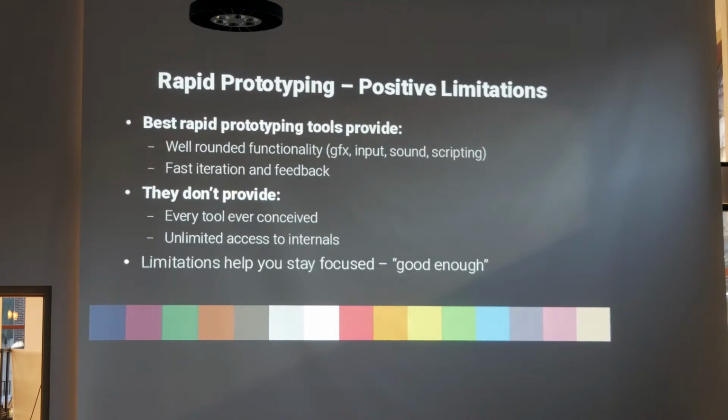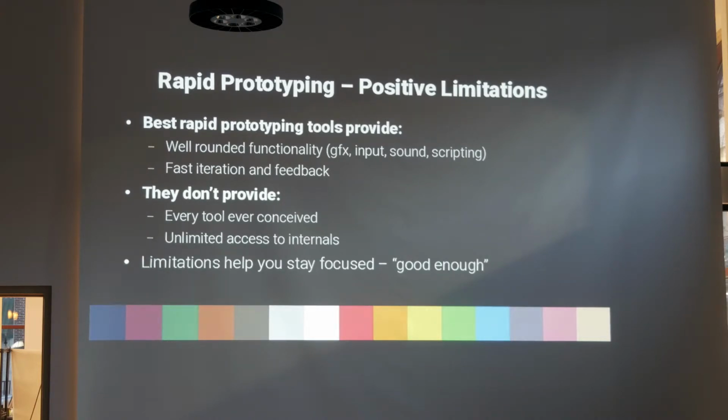And along that line, there are positive limitations when you're rapid prototyping, right? Your best rapid prototyping tools are going to give you really well-rounded functionality, right? They're going to have a good set of graphics routines. They're going to have good input, sound, scripting stuff. They're going to give you fast iteration and feedback.